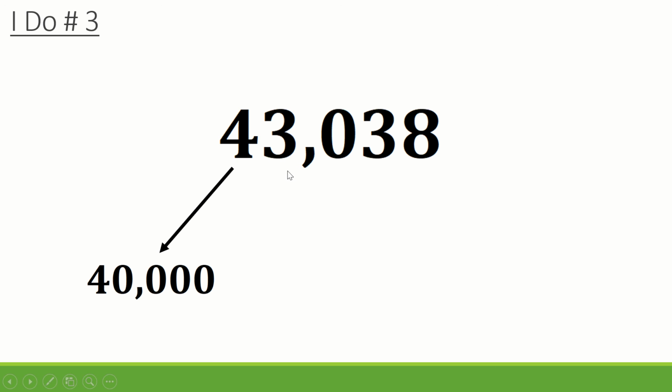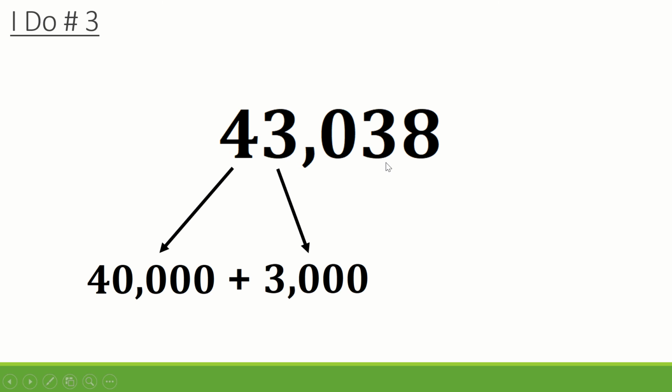If I have a 3 in my thousands place, that means I have 3,000s, which remember can be represented as 3 cubes. And so those 3 cubes have a value of 3,000. I do not have to represent the digit in the hundreds place because that digit actually has no value.